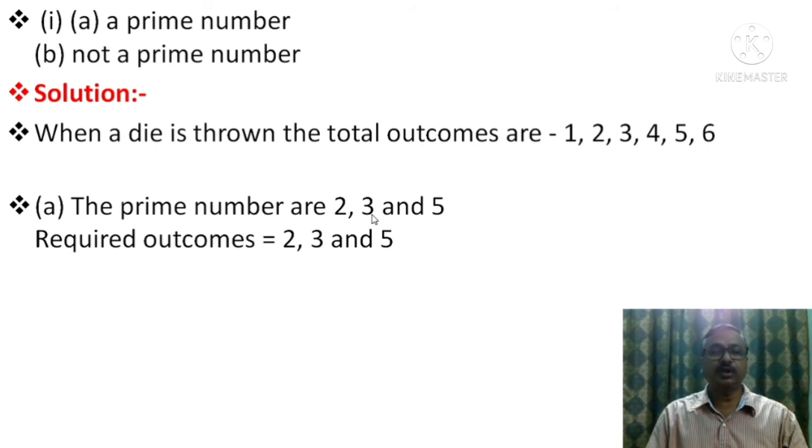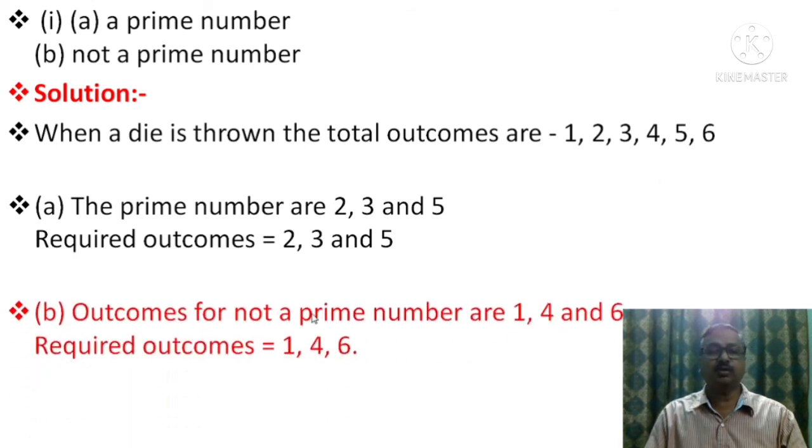So 2, 3, 5. How many numbers are there? There are a total of 3 numbers. So the required outcomes are either 2, 3 or 5. When you note down the outcomes, we have to write them separated by commas: 2, 3 and 5. These are the total outcomes of getting a prime number in a single toss of a die.